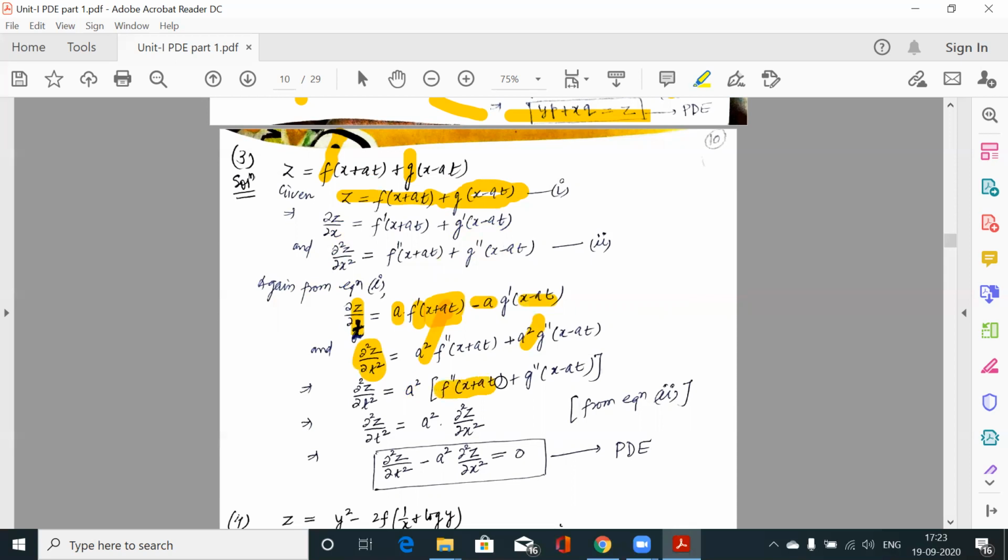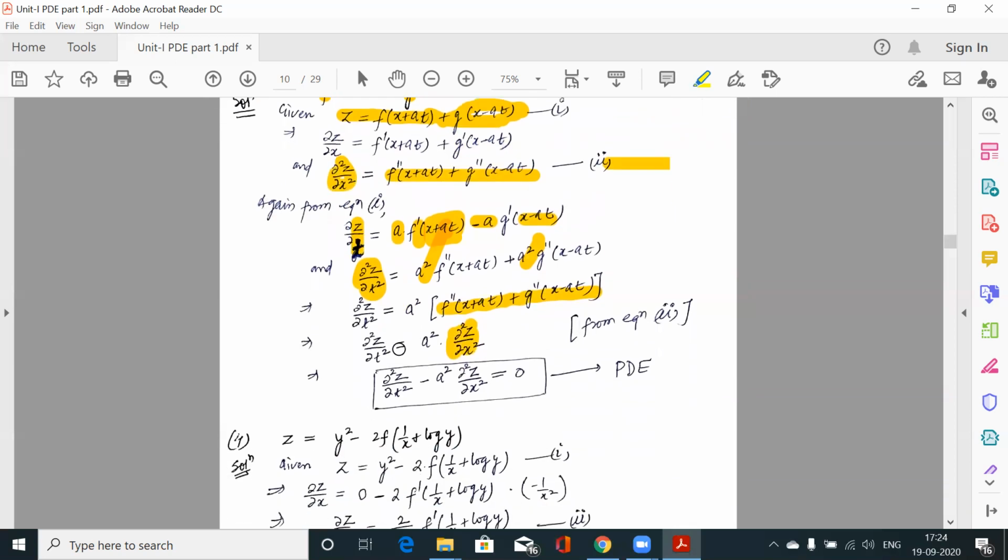The remaining part is f double dash plus g double dash, and from equation 2 we know that f double dash plus g double dash is equal to del 2 z over del x square. So we have substituted f double dash plus g double dash as del 2 z over del x square.